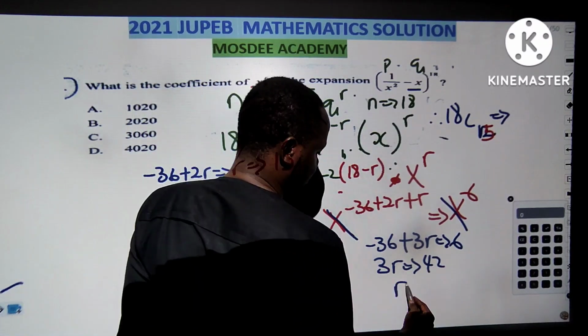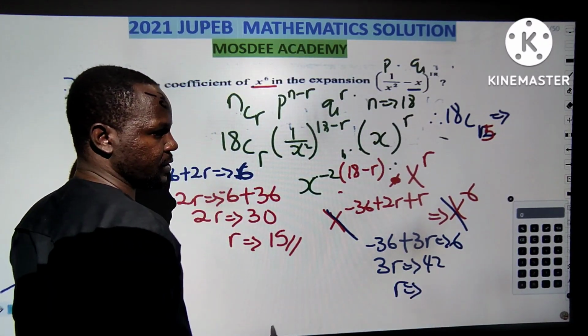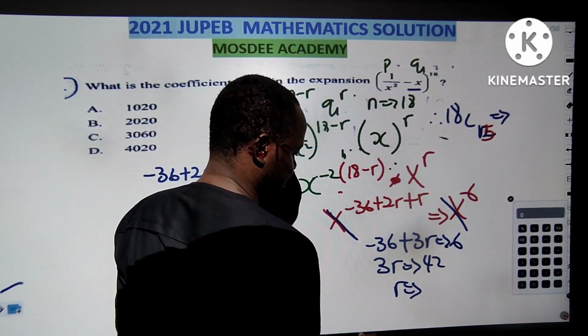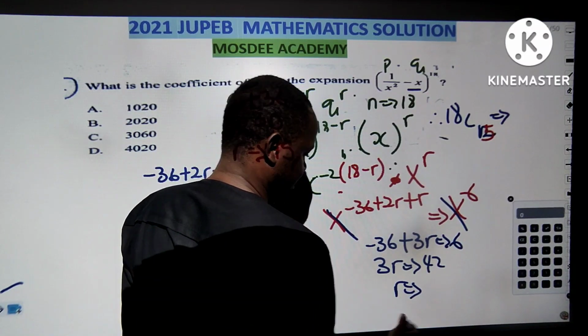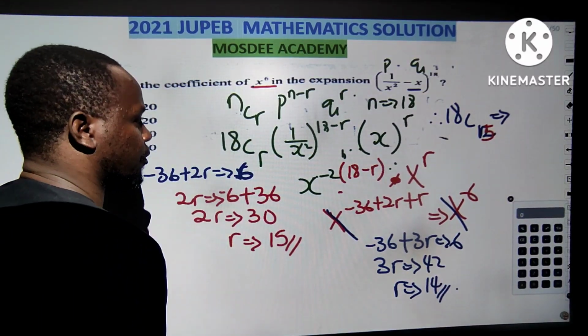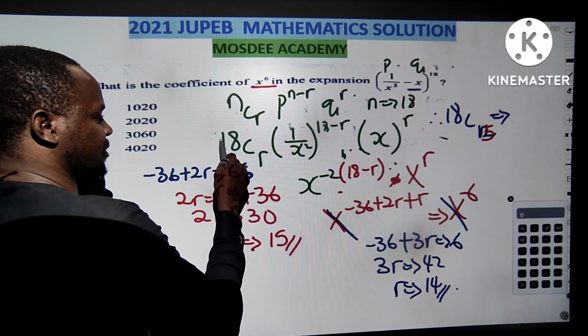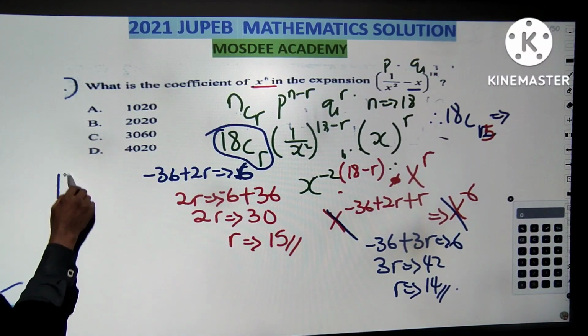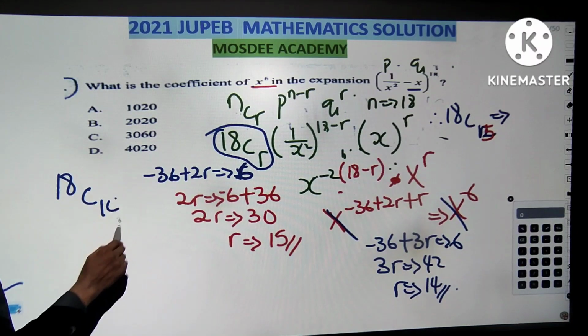So r equals 42 divided by 3. 15 is 45, 12 is 36. r is 14. So if r is 14, then the question is 18 combination r. So 18 combination 14 is now what we are looking for.